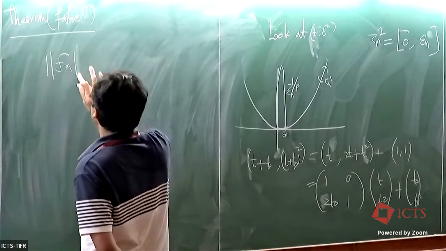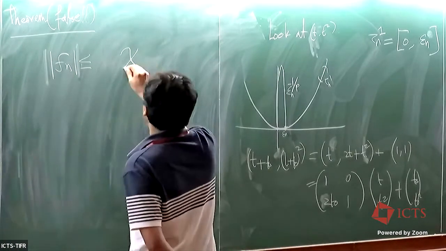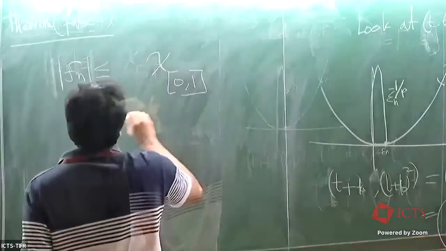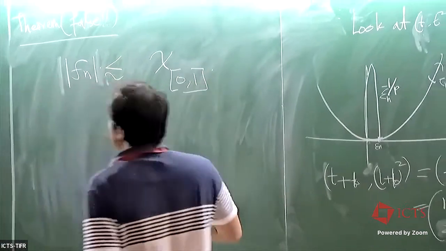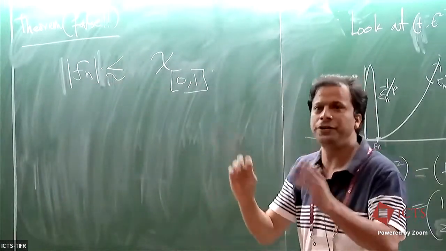So each f_n has bounded support, let's say from 0 to 1, and its norm is at most a constant. So it's at most 10, supported on the unit interval.